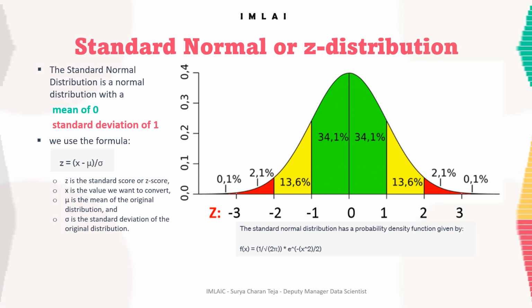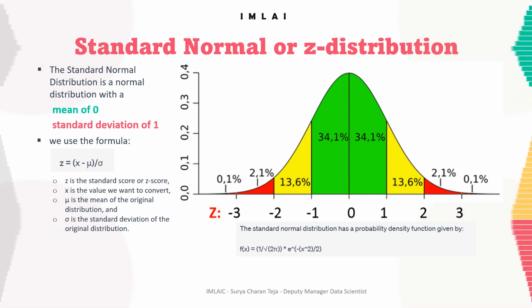The Z-score represents the number of standard deviations that a value x is from the mean of the original distribution. If the Z-score is positive, it means that the value is above the mean. If it is negative, it means that the value is below the mean. The standard normal distribution is widely used in statistical analysis, hypothesis testing, and quality control, among other fields.